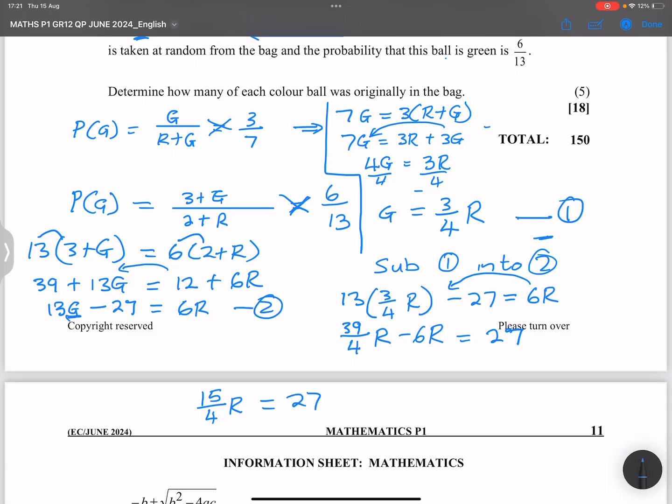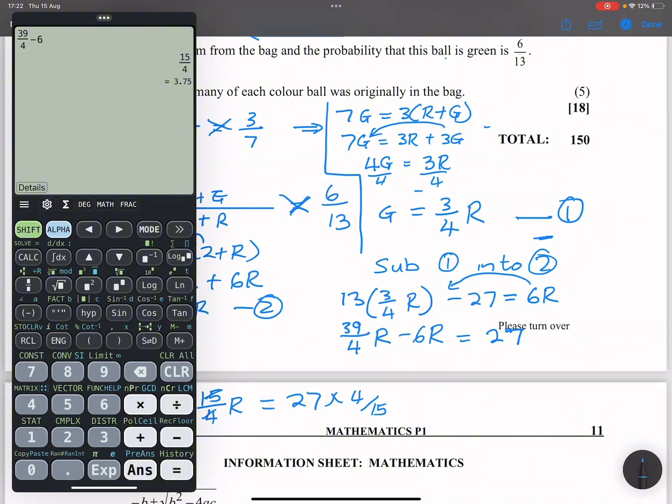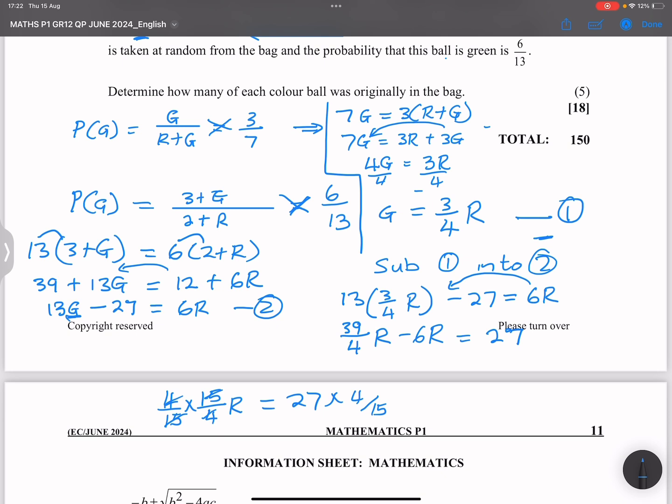And to get the number of red balls, I'll just simply multiply by 4 over 15. What I do on the left, I do on the right. And so I'd say, what is 27? All right, so that doesn't give us a whole number there. So I don't know if I've done something incorrectly there.